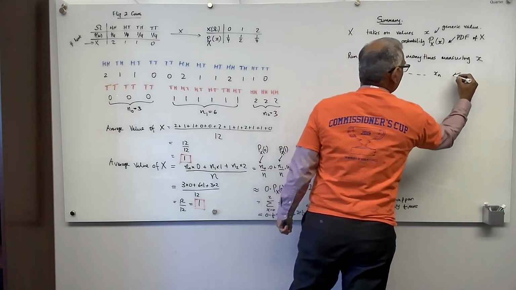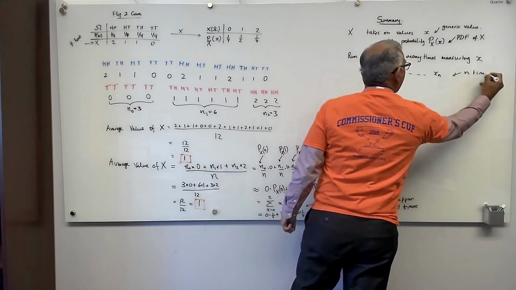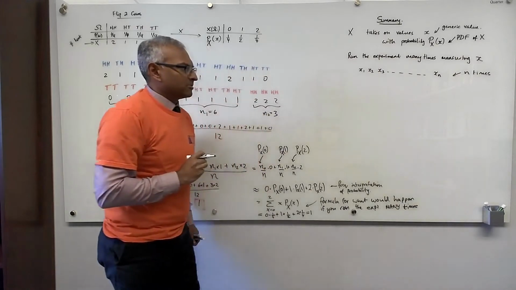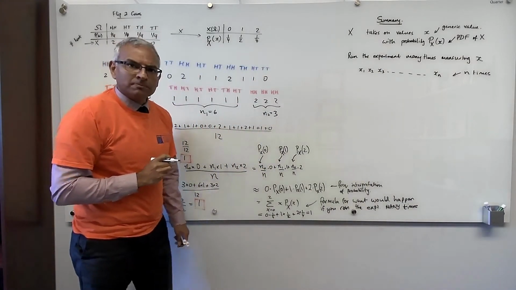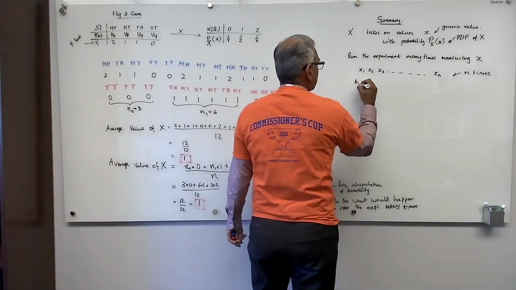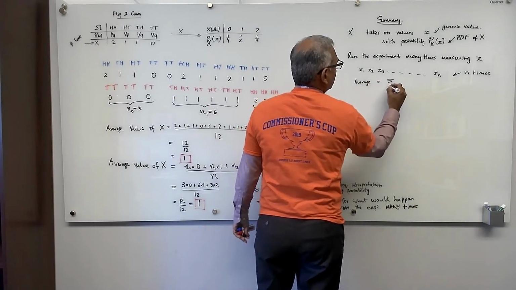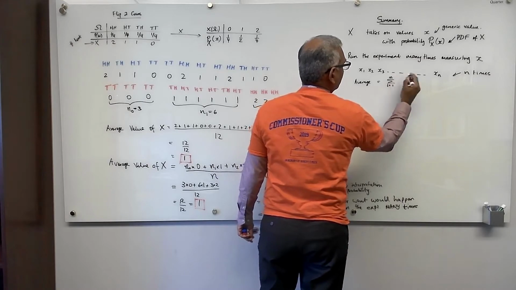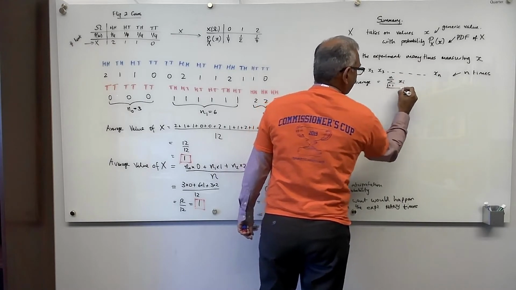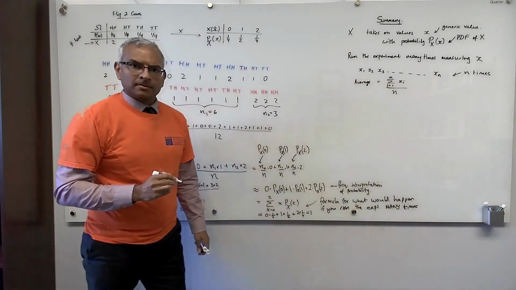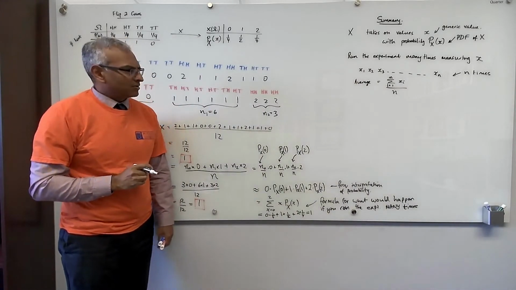So you run the experiment n times. Now, when you compute the average, it is equal to the sum from i equals 1 to n of xi divided by n.